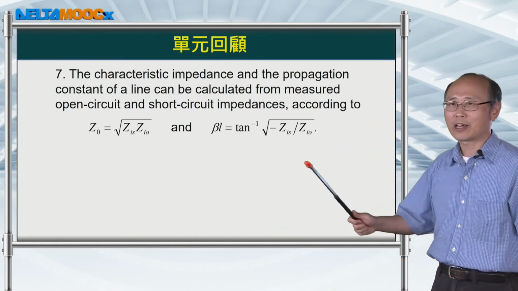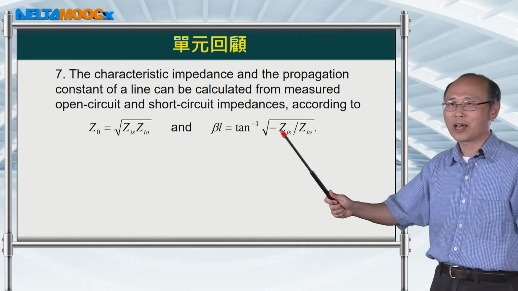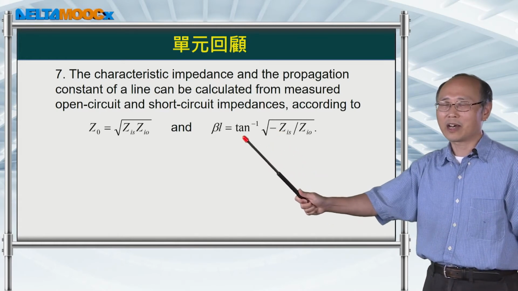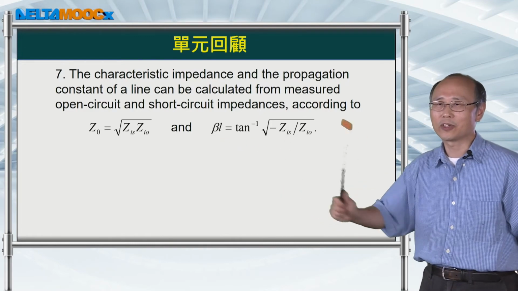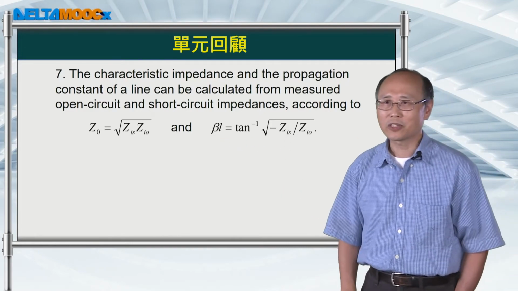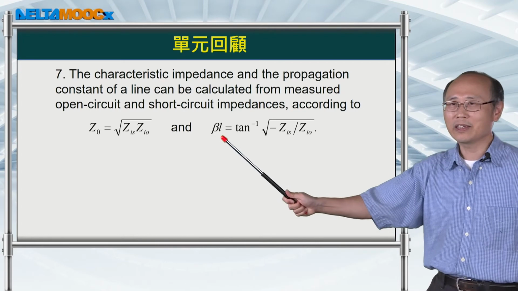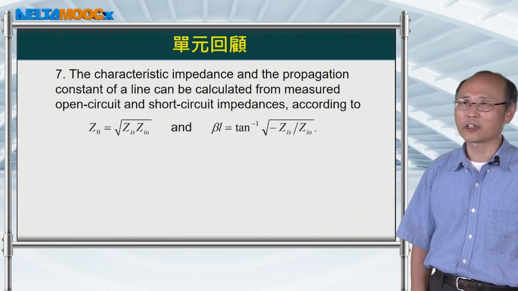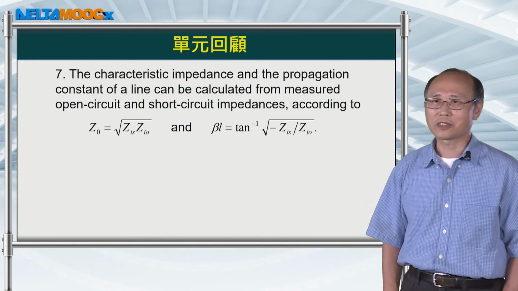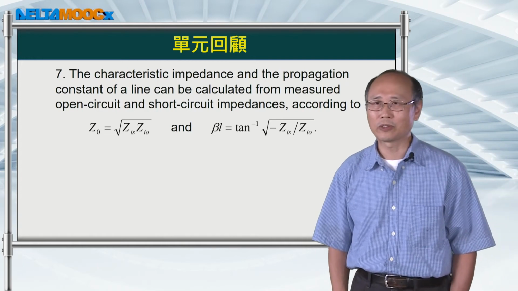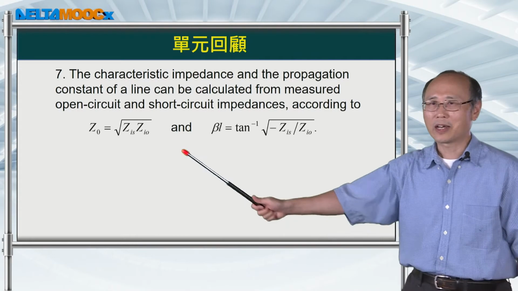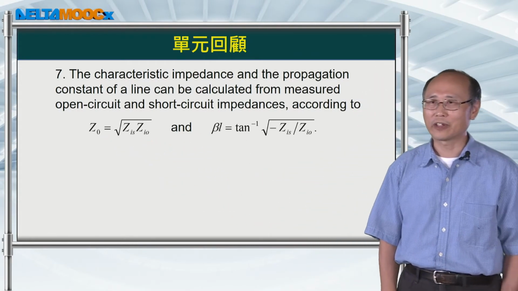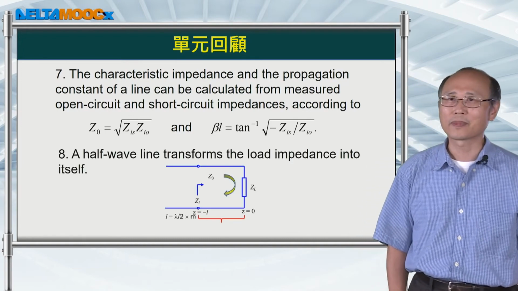Or if you divide these two values, put a minus sign here and take the square root, the arctangent of this value will give you beta L. Because you know the length of the line in your experiment, you can determine beta, the propagation constant of the line. This is quite convenient if you want to measure the characteristic impedance and the propagation constant of an unknown transmission line.